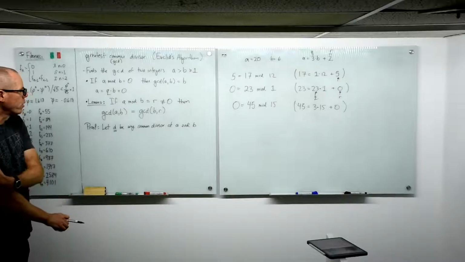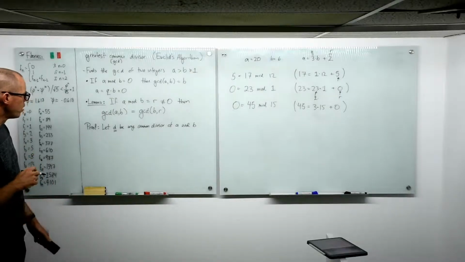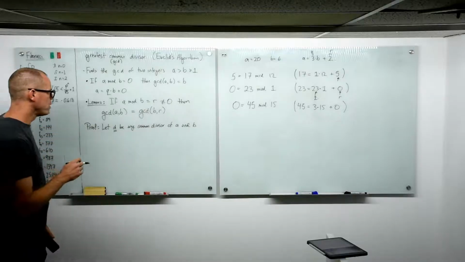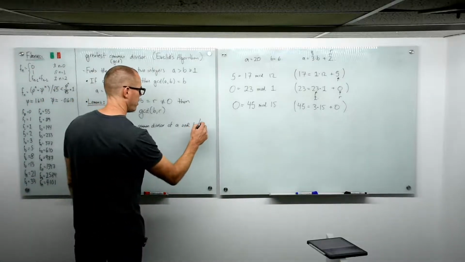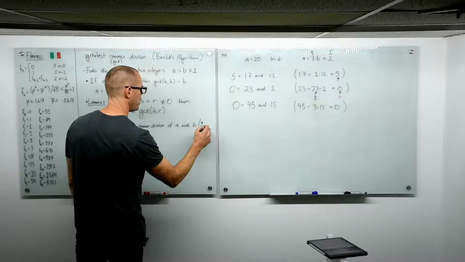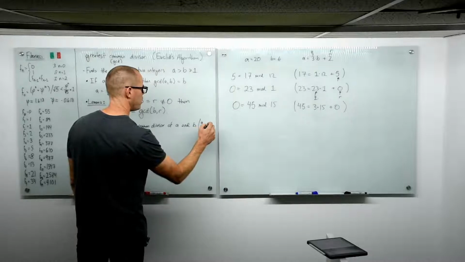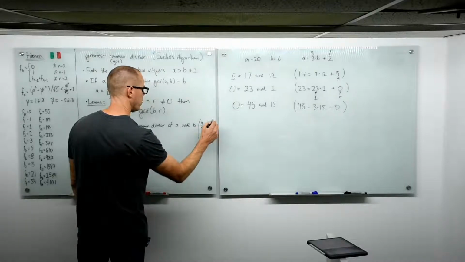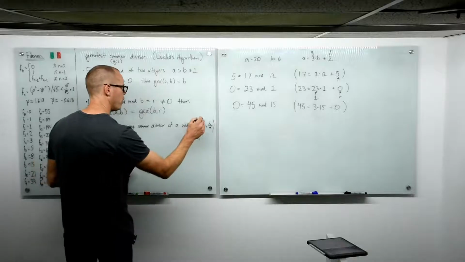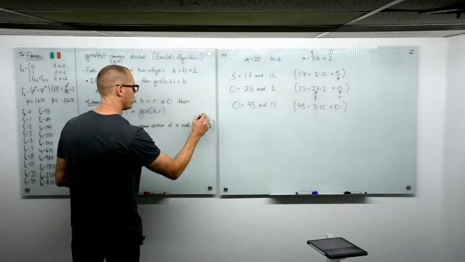Could be the greatest one, could be any one. So what does that mean? That means A divided by D is an integer, and it means B divided by D is an integer. So both of these things are integers.